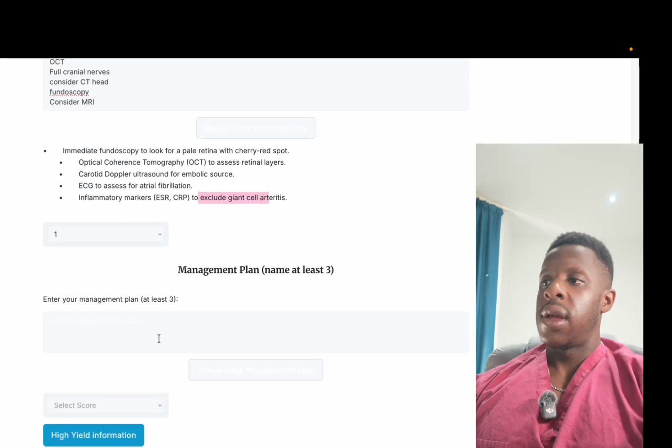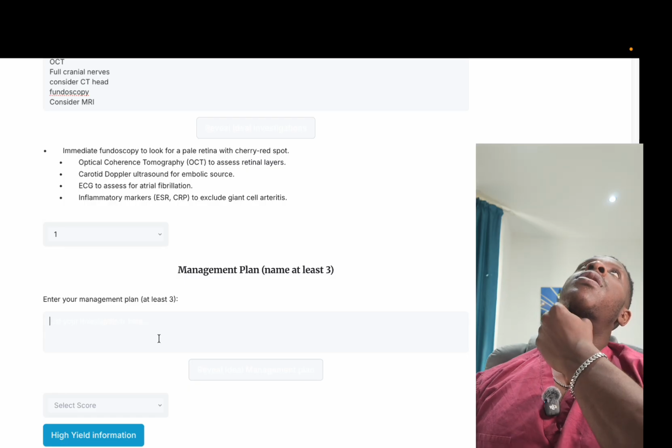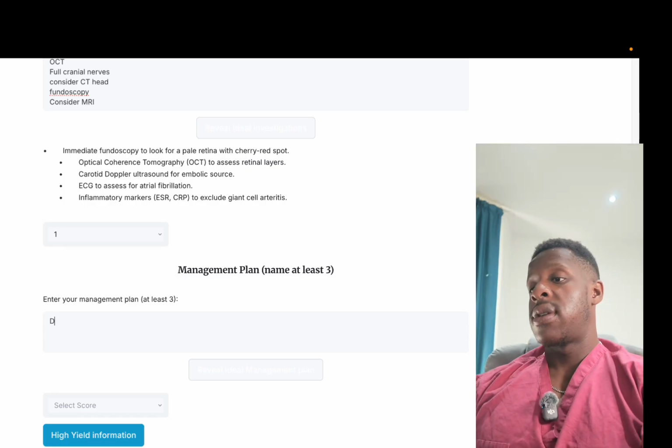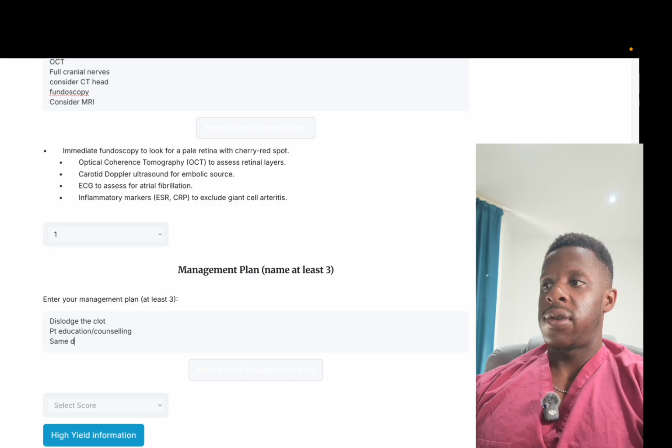Not doing too good. And the management for this one, I remember it vaguely. You need to do something to dislodge the clot. I would say patient education and counseling of what's going on in the management. Same day, urgent referral to ophthalmology.